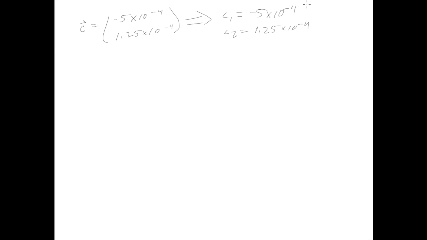And we can use these in our original charge equation. So now we have actual values for C1 and C2: Q of t is equal to negative 5 times 10 to the negative fourth, e to the negative 800 t, plus 1.25 times 10 to the negative fourth times e to the negative 3200 t, plus our 3.75 times 10 to the negative fourth.